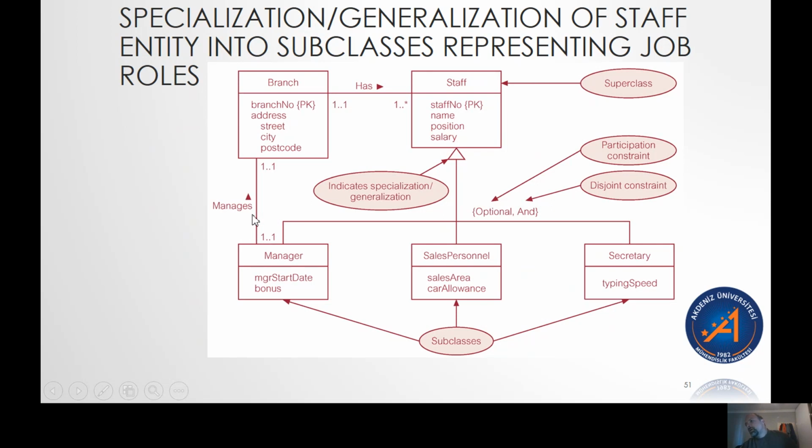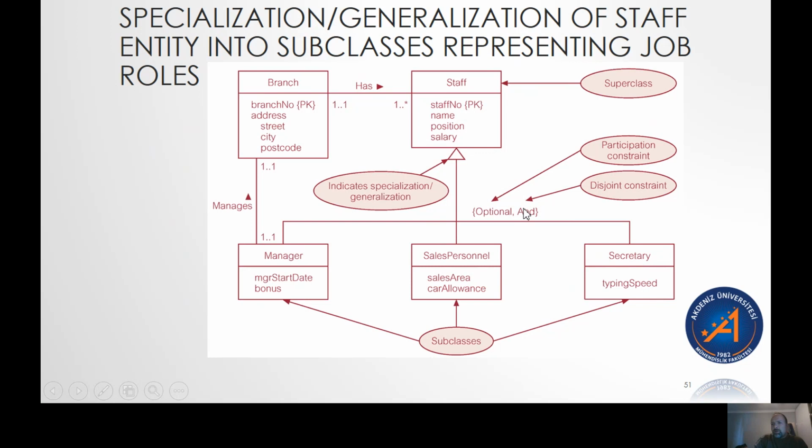It is a one-to-one relationship because a manager can be staff. A manager is a staff person. A sales personnel is a staff person. A secretary is a staff person. Notice we put the attributes they all have in common here, and we put their specific attributes here.